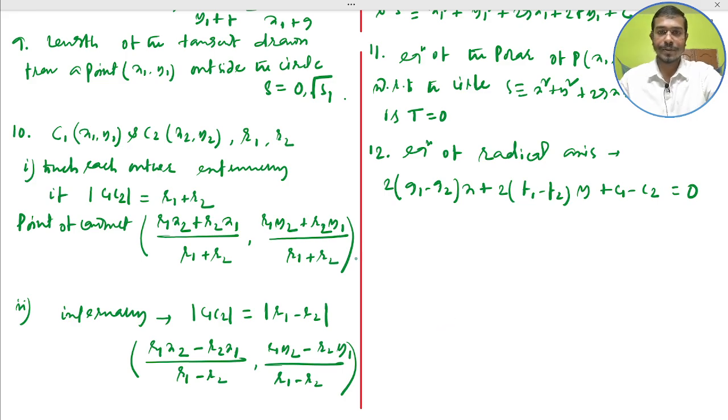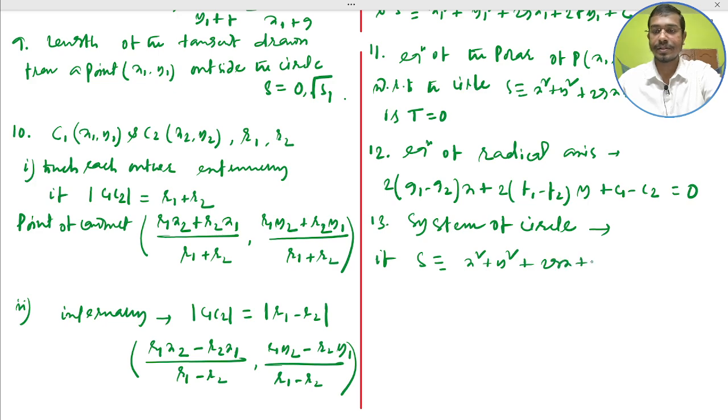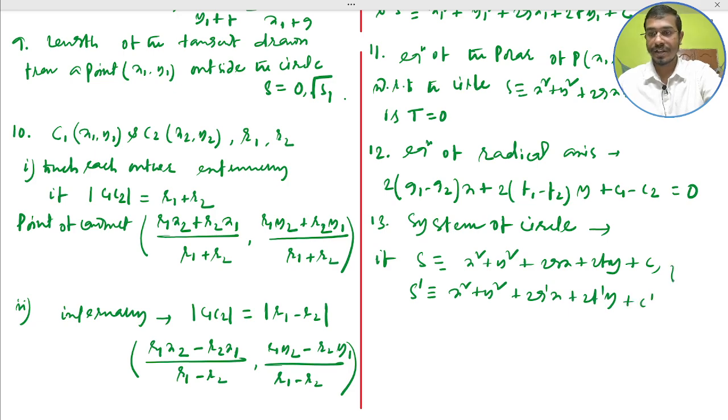Next, the system of circle. Number 13. Very important. System of circle. So if S is equivalent to x square plus y square plus 2gx plus 2fy plus c, and S dash equivalent to x square plus y square plus 2g dash x plus 2f dash y plus c dash.